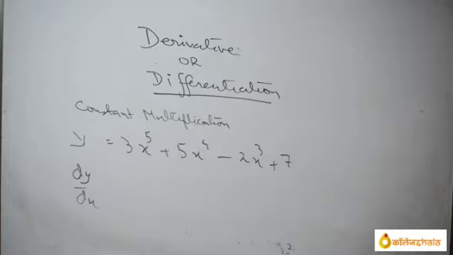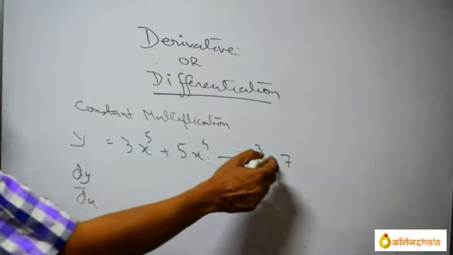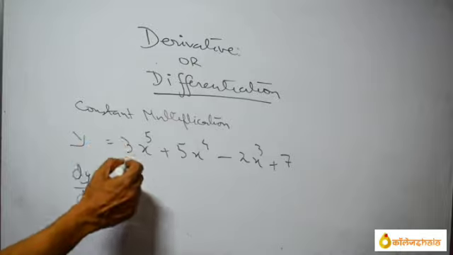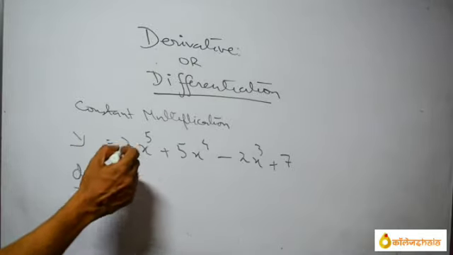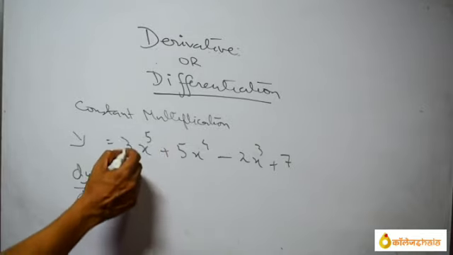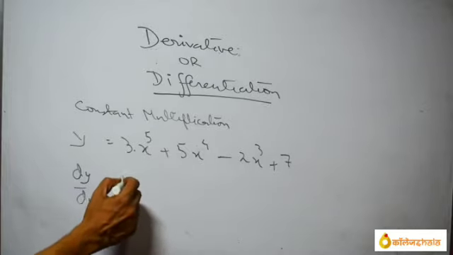The rule is, in the previous case we have added and, as usual, subtracted. The addition rule follows the notations plus, minus and then plus. Here we will be proceeding like that. So in dy/dx of this expression, this 3 is a constant and x to the power 5 is the formula x to the power n. So it will be 3 into 5, the power is 5, 5 into 3 is 15.